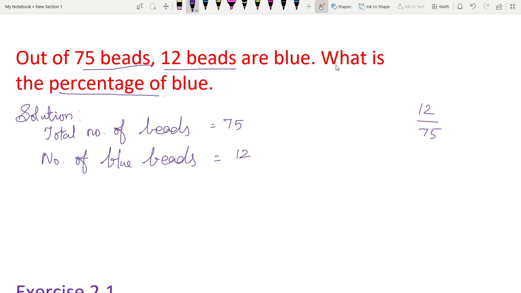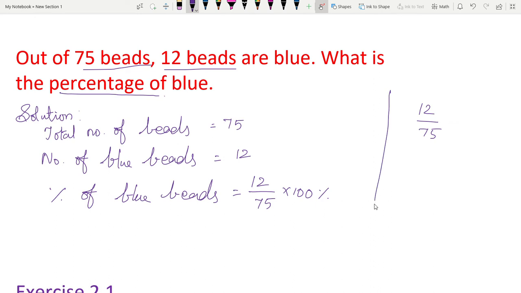Here we have to write the percentage of blue beads. Percentage of blue beads equal to 12/75 into 100 percentage. Now, we have to multiply the numerator into 100 divided by the denominator.